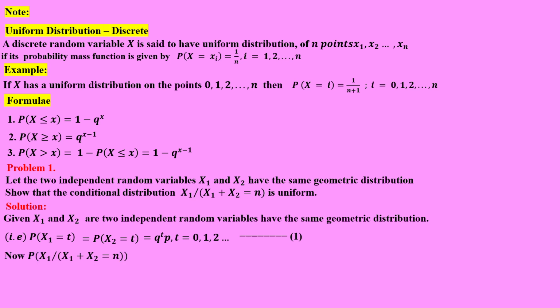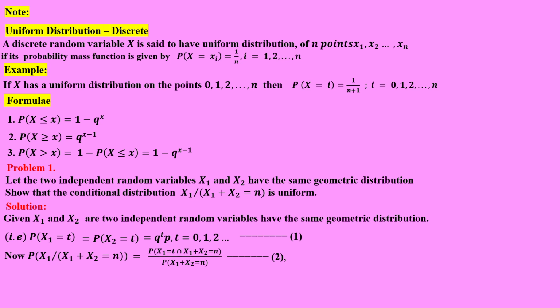Now probability of X1 given X1 plus X2 is equal to n is equal to probability of X1 equal to t intersection X1 plus X2 is equal to n, divided by probability of X1 plus X2 is equal to n. So this is equation number 2.